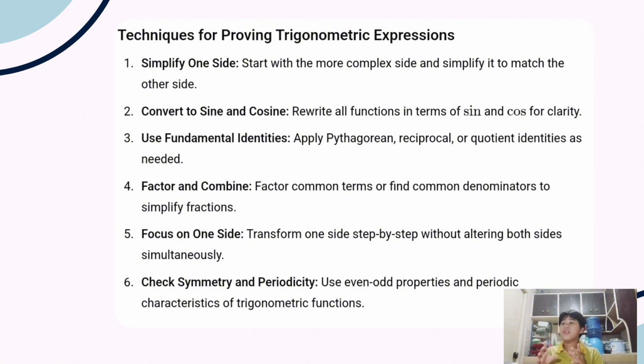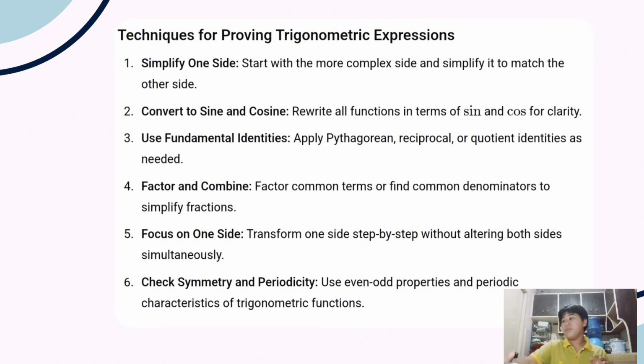Third is to use fundamental identities: apply Pythagorean, reciprocal, or quotient identities as needed. Fourth is to factor and combine: factor common terms and find common denominators. And fifth, focus on one side. And sixth, we have check symmetry and periodicity, where you use even-odd properties and periodic characteristics of trigonometric functions.